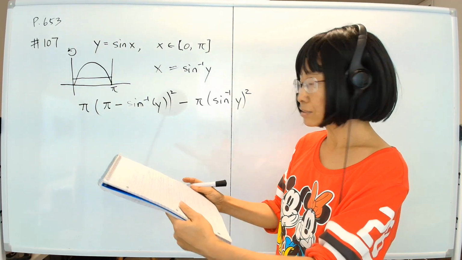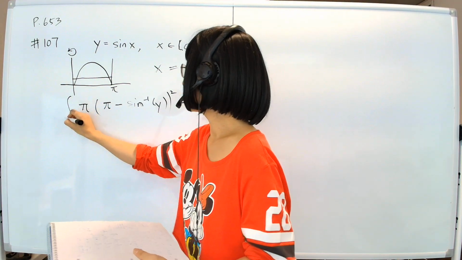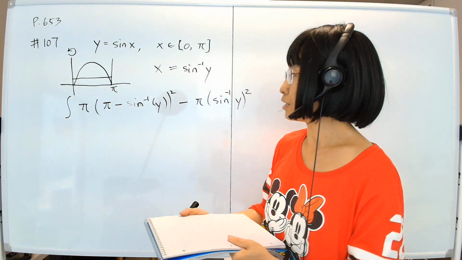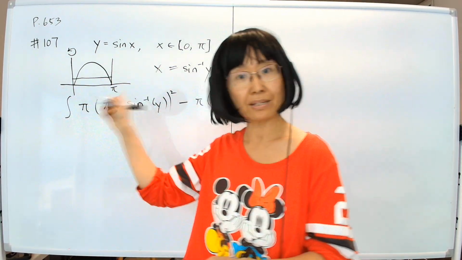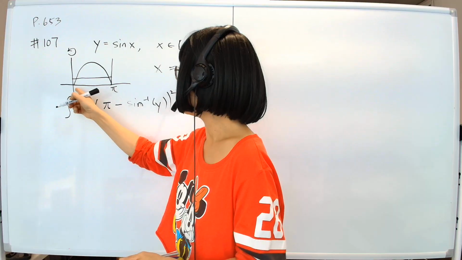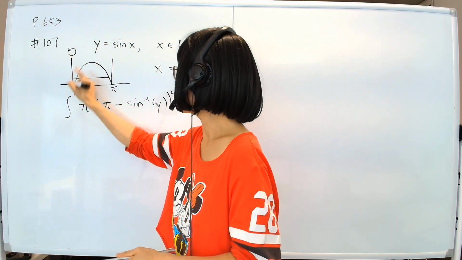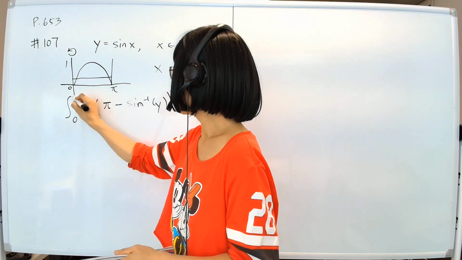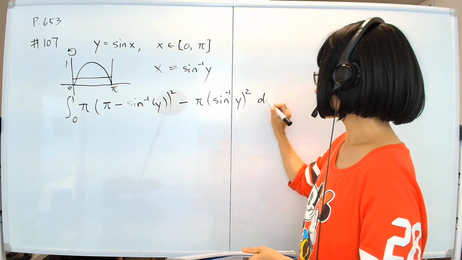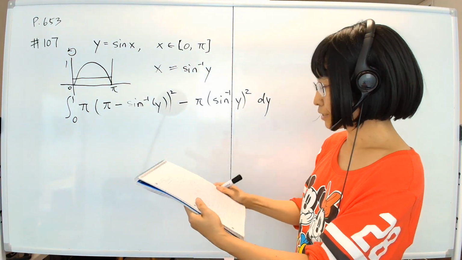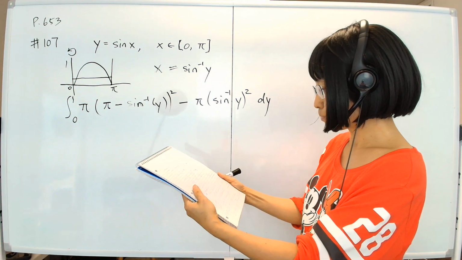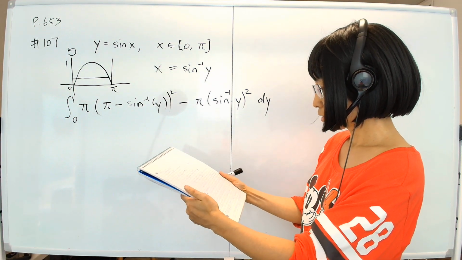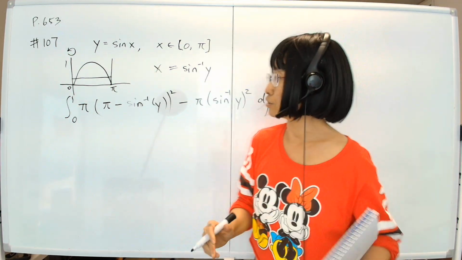And then the total volume of the spinning solid goes from 0 to 1. The point up top is (1, 0) and 1, so from 0 to 1 of dy. And once you figure that out, that will be the answer to the problem.